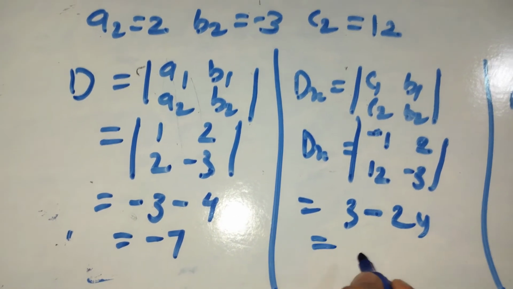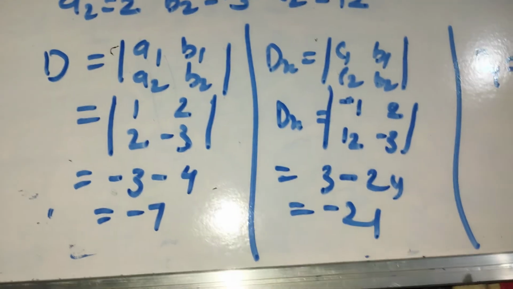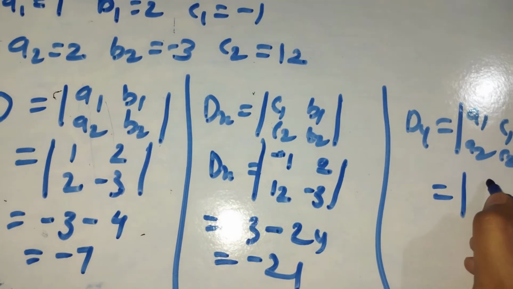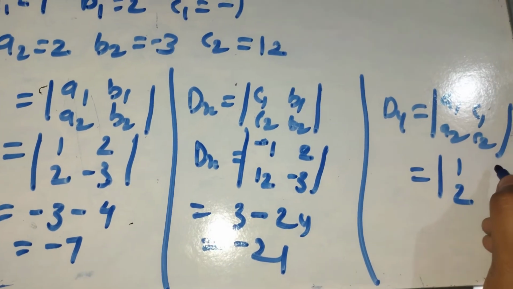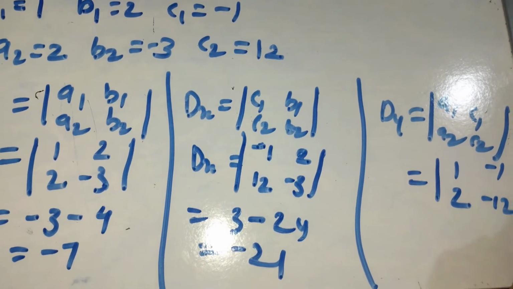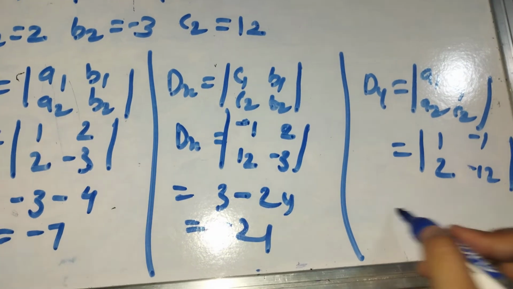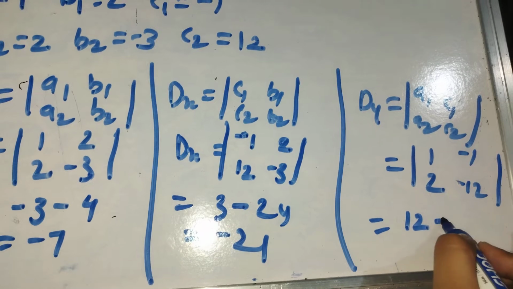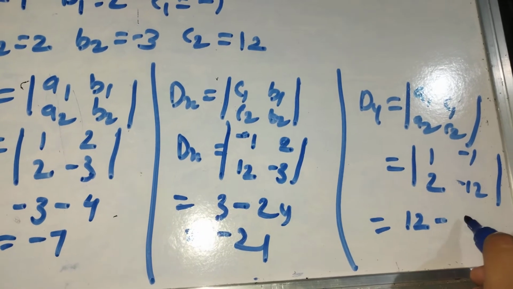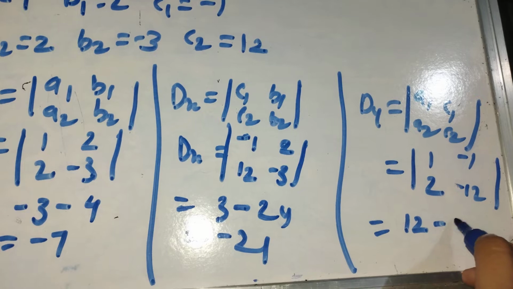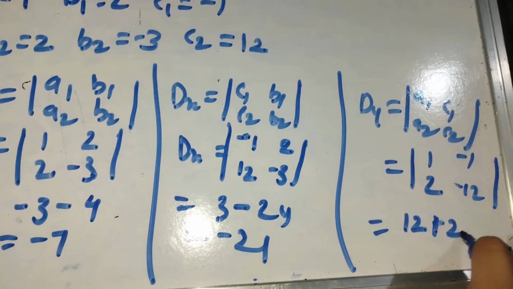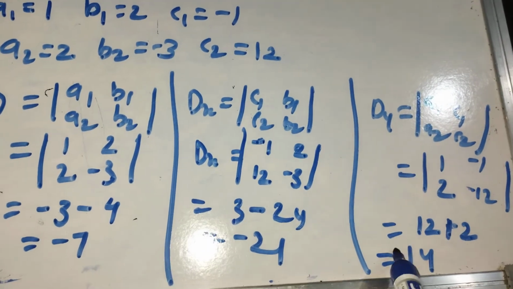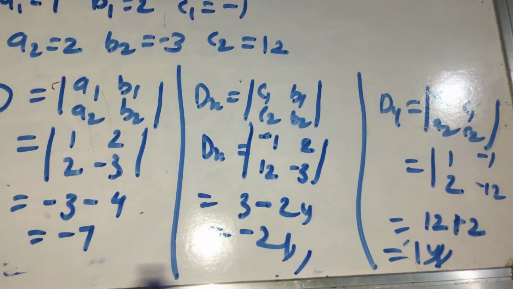Okay, so after that you will get minus 21, and here you will take A1 is your 1 2, A1 A2, and C1 is your minus 1, minus 12. Sorry, it's a plus 12. And now minus 12 multiplied by 1 is as it is, and minus is your formula sign, and minus 1 multiplied by minus 2 will get plus 2, and here is your 12 plus 14. Okay, so dx, dy, and here is the d value.